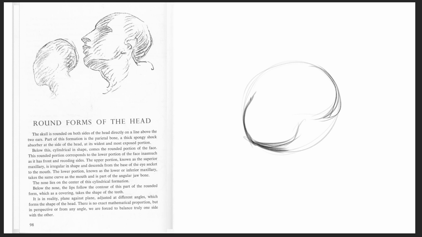The features are a little more forward, in which he's calling the inferior maxillary space. And then the upper portion where the forehead is also has a tendency to be a little more rounded looking. Now he's shading these to also indicate that in through this cross section here is also rounded.